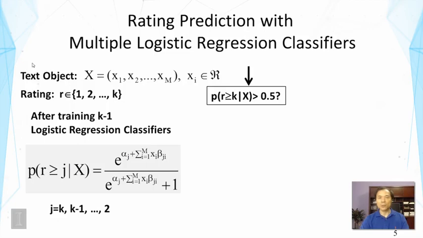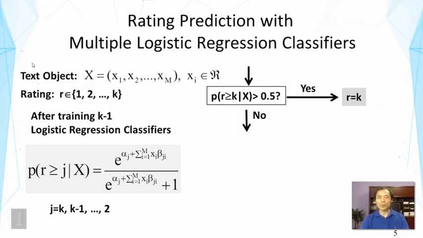So this classifier will tell us whether this object should have a rating of k or above. And if its probability according to this logistic regression classifier is larger than 0.5, we're going to say yes, the rating is k. Now, what if it's not as large as 0.5? Well, that means the rating is below k, right?